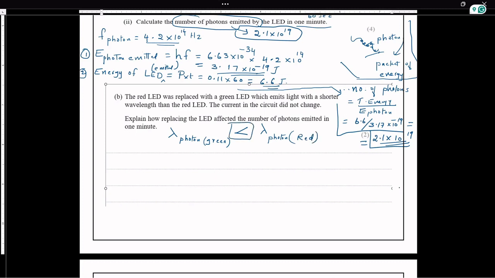The wavelength of the green LED is less than the wavelength emitted by the red LED.